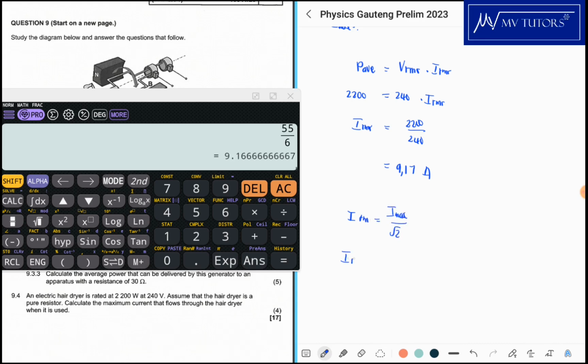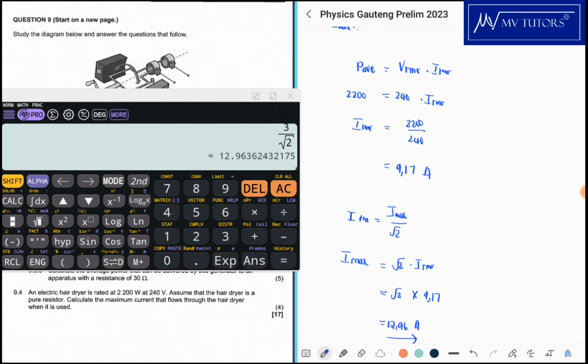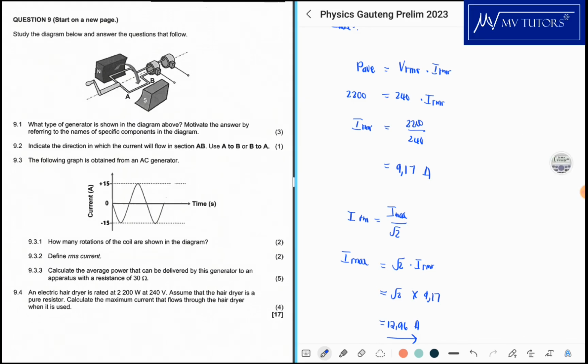So Imax is equal to root 2 times IRMS. So root 2 times 9,17. I'm going to multiply by root 2, and we get 12,96 amperes. Alright, and we are done with question 9.